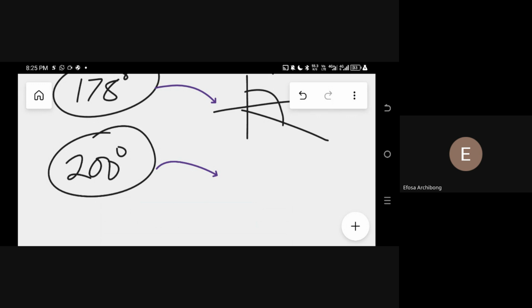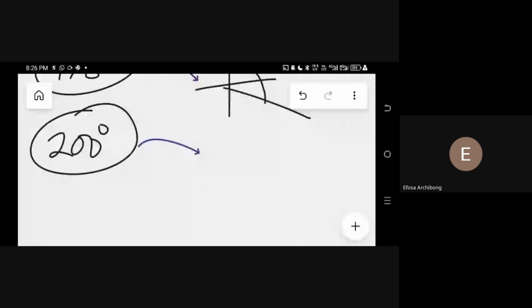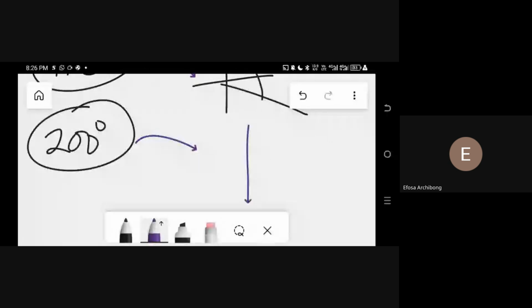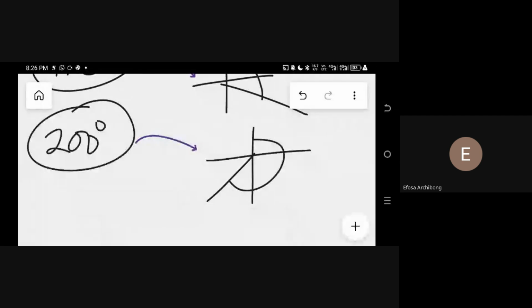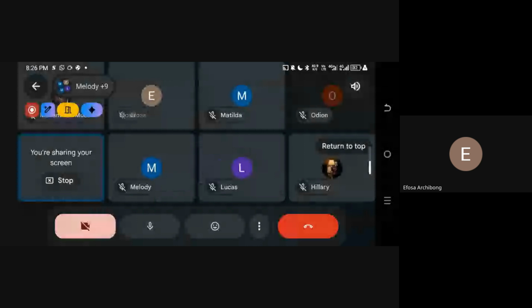The third quadrant. So 200 degrees will have to come from the third quadrant. Lucas has answered the question.